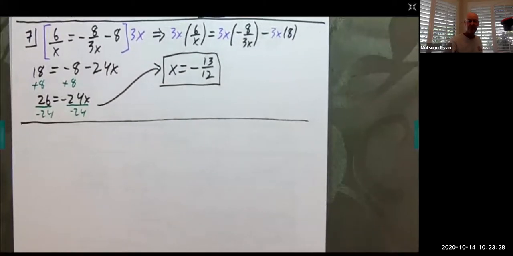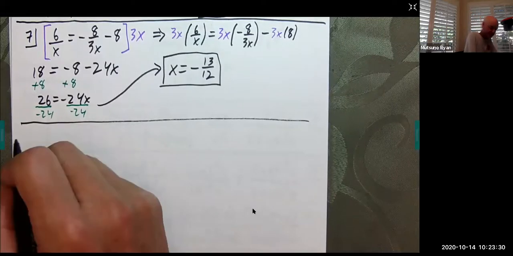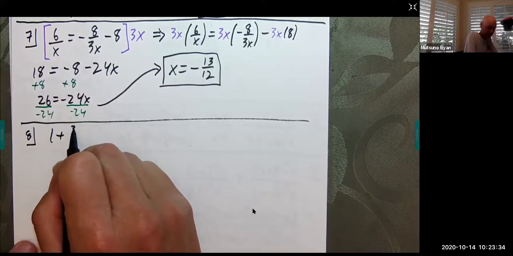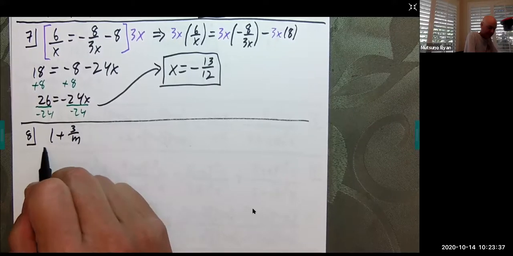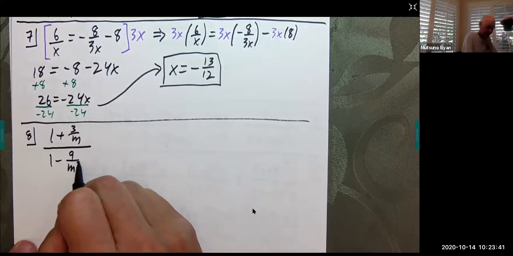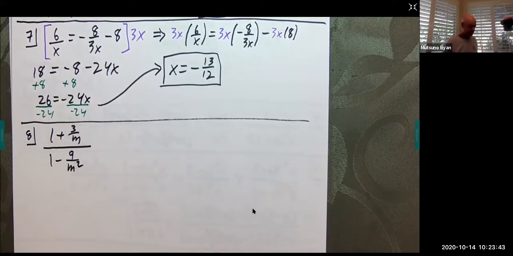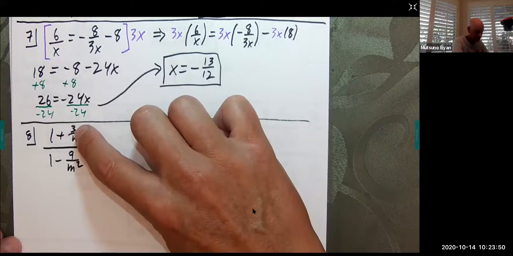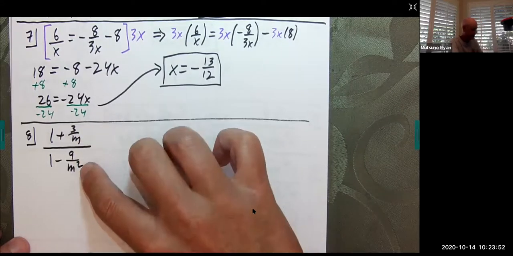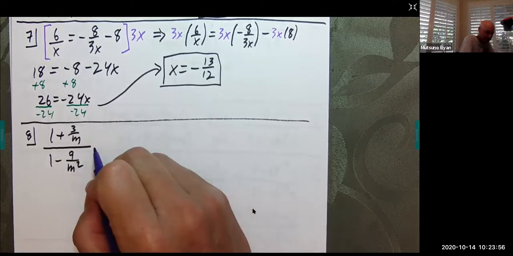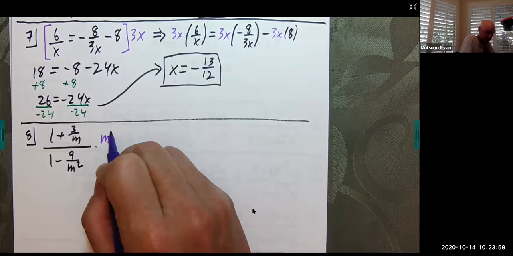And we are to number 8, which is a complex fraction. And what I need in this case is a common denominator between all the little fractions. So here m is a denominator, here m squared is a denominator, and I'm going to multiply everybody by that common denominator, which in this case is going to be m squared.